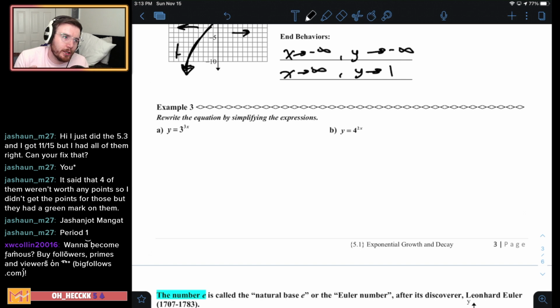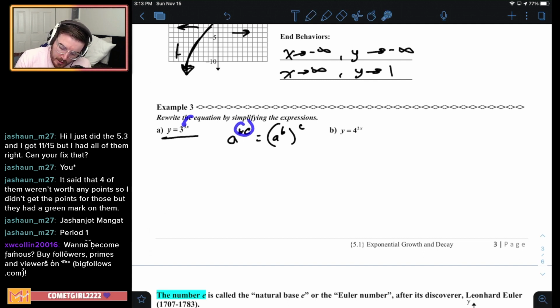This is a quick little rework here. Our exponent properties say that if you have two things multiplying together in your exponent, that's the same thing as an exponent raised to an exponent.